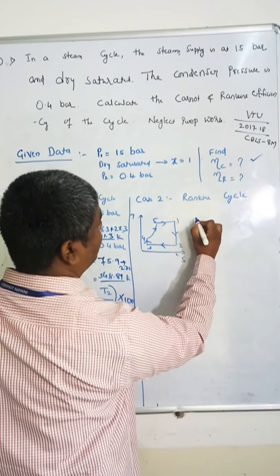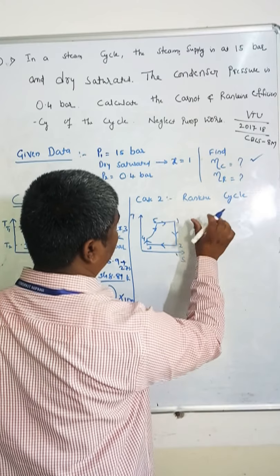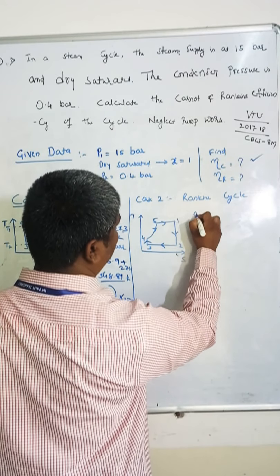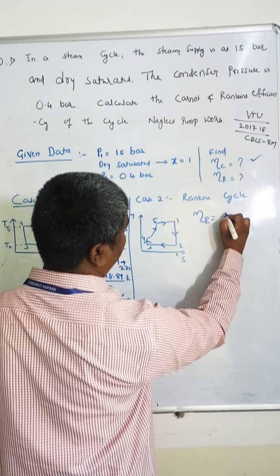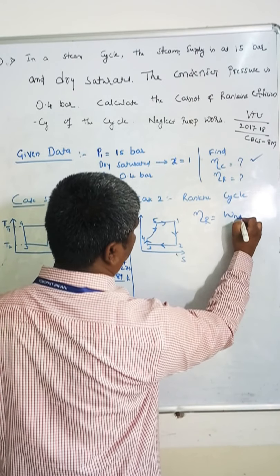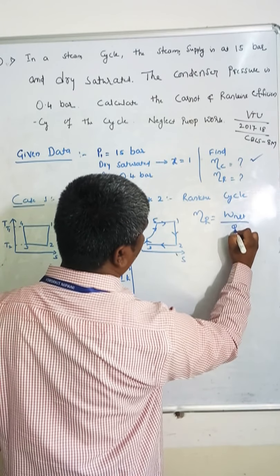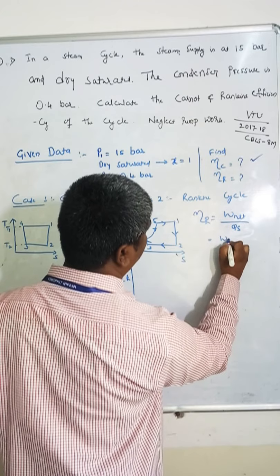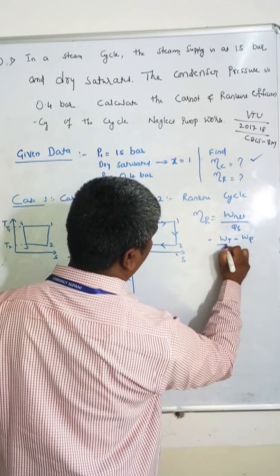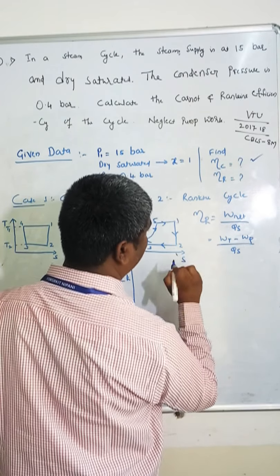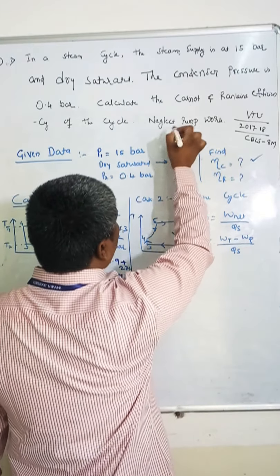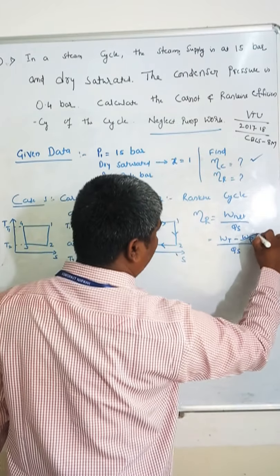He has asked for the Rankine cycle efficiency. I'll write just the formula as usual: W net divided by QS. What is W net? WT minus WP, divided by QS. But he has asked you to neglect the pump work, so please neglect it.